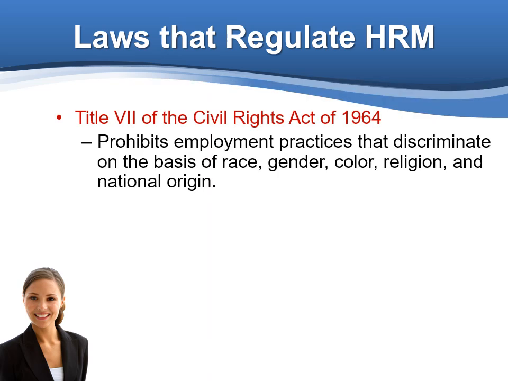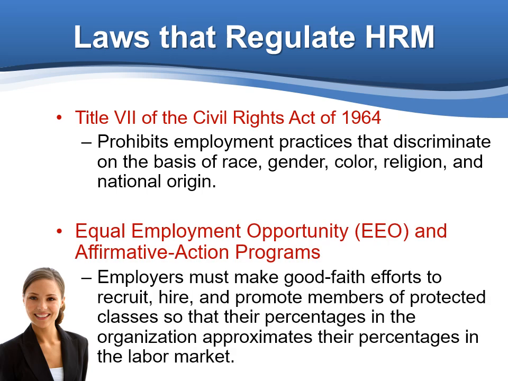Title VII of the Civil Rights Act of 1964 prohibits employment practices that discriminate on the basis of race, gender, color, religion, and national origin. The Equal Employment Opportunity and Affirmative Action programs are such that employers must make good faith efforts to recruit, hire, and promote members of protected classes so that their percentages in the organization approximate their percentages in the labor market. In other words, keeping all.